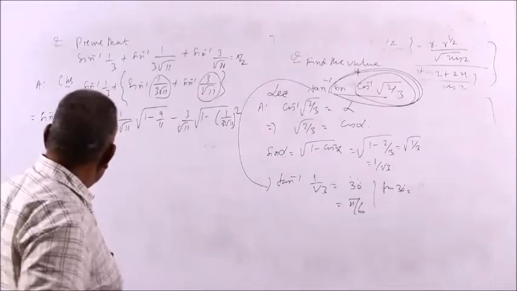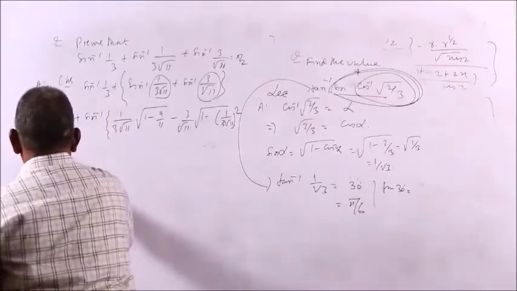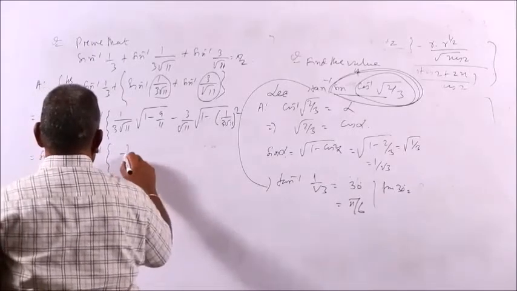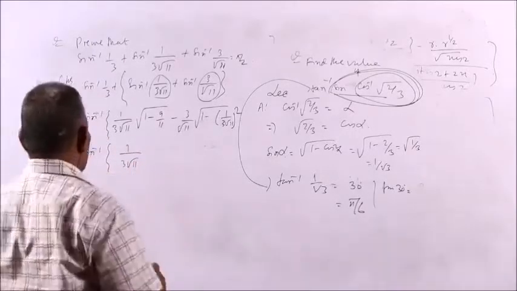That is sin inverse 1 by 3 plus sin inverse 1 by 3 root 11.